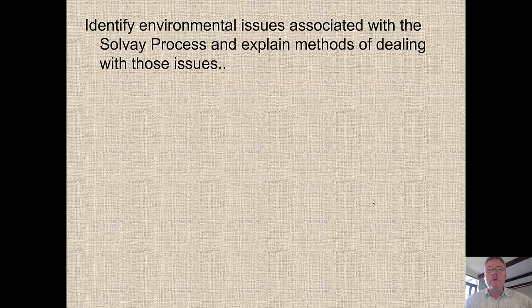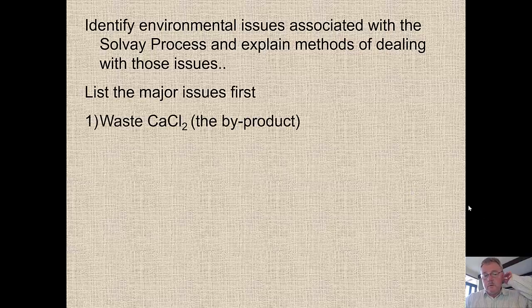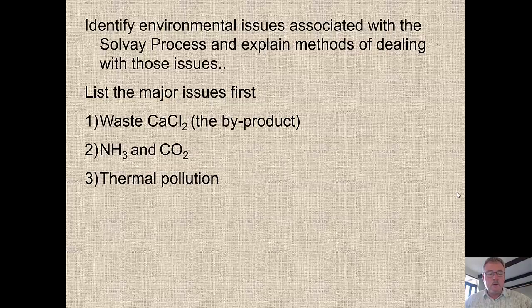So we've got a bunch of environmental issues, and they include the waste CO2. It's a byproduct of this process. Our NH3 and CO2, if they're released or if they leak or if there's issues producing these, it can cause problems. Thermal pollution, you've got a lot of heat being produced from the exothermic reactions.